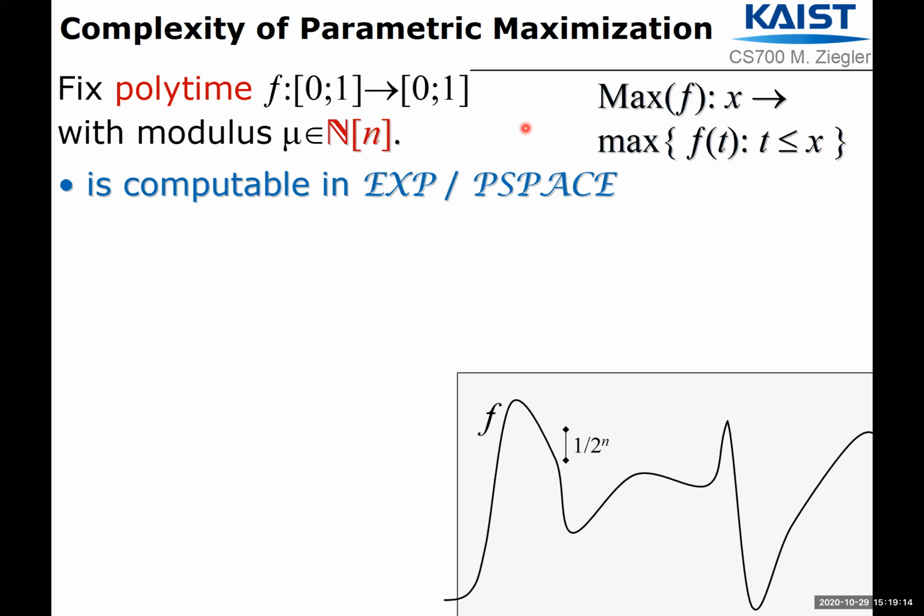So when the goal is to approximate the maximum of that function up to error 2 to the minus n, this is the codomain approximation error, we're going to subdivide the domain, the unit interval, into steps of width 2 to the minus mu of n, the modulus. This is what we did when we talked about computability.